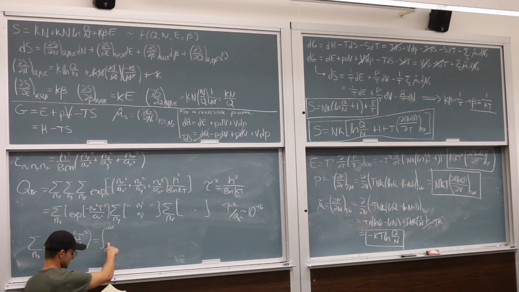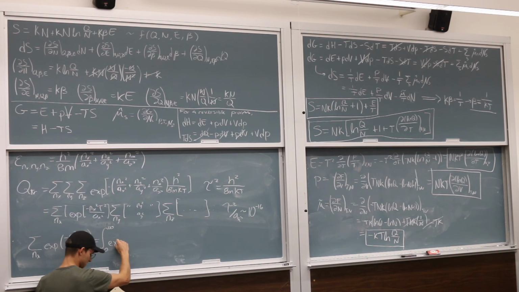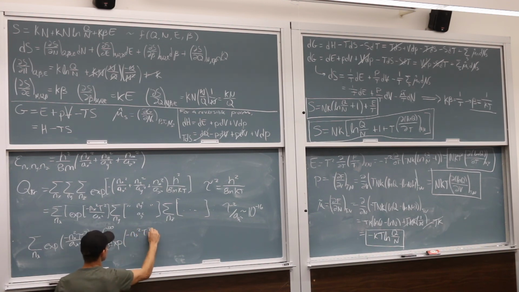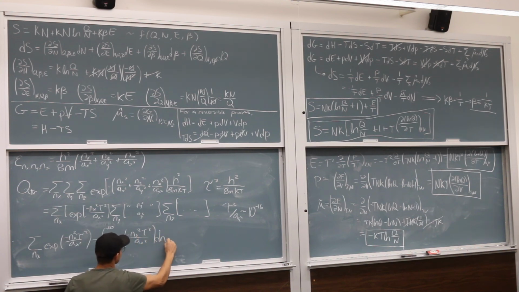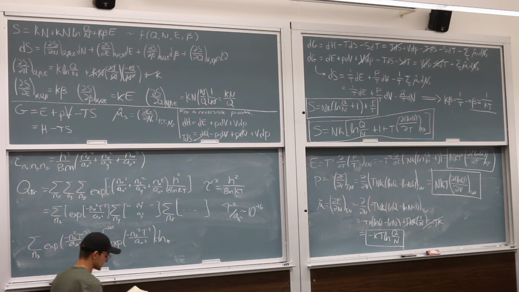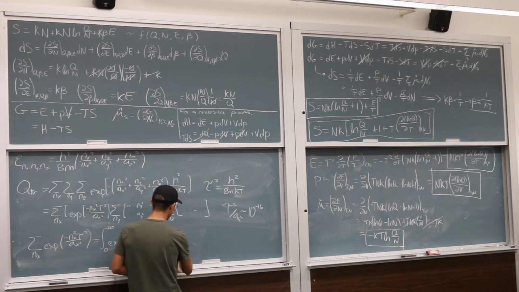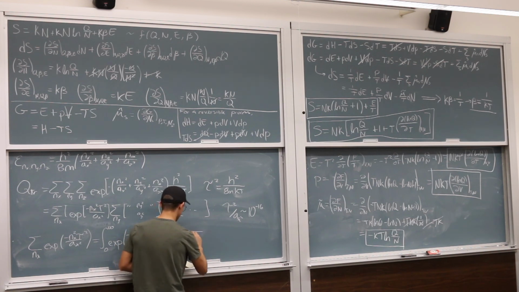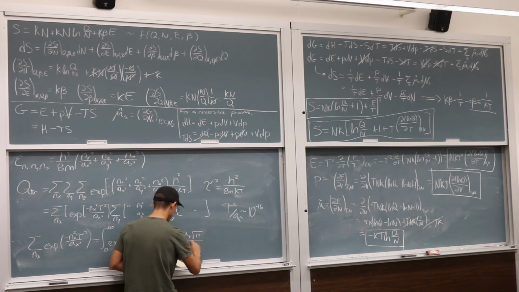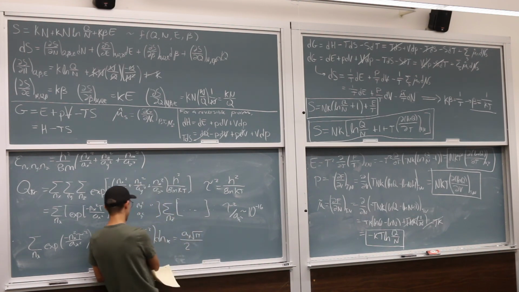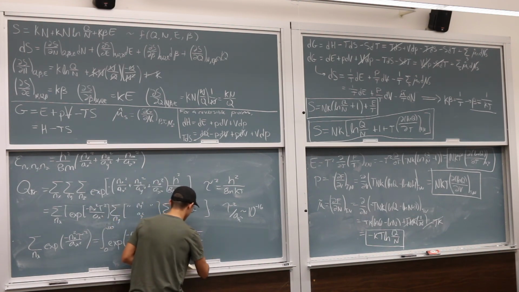So this is the same as integrating over the exponential of minus nx squared tau squared over ax squared dnx, and we recognize this integral. It's just like a Gaussian integral, and you get ax times the square root of pi over 2, because you're only integrating over half the support, over tau.